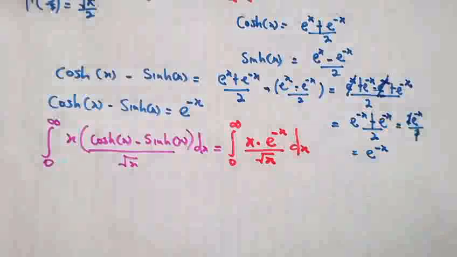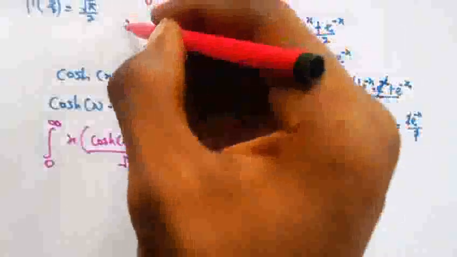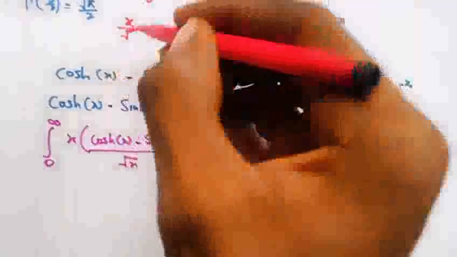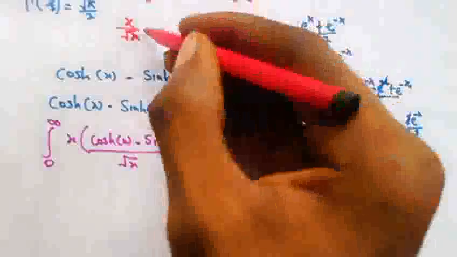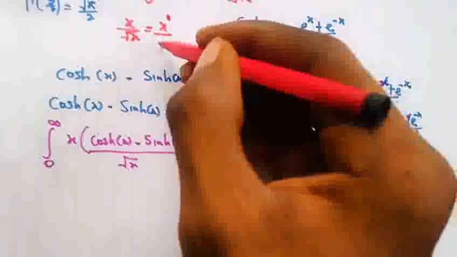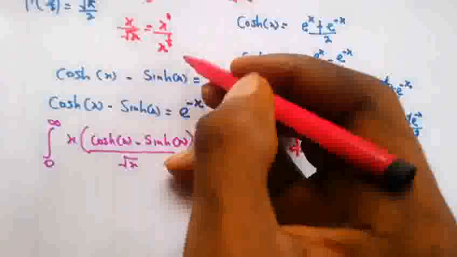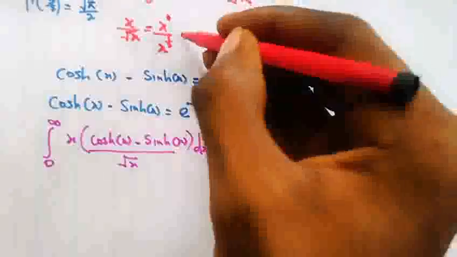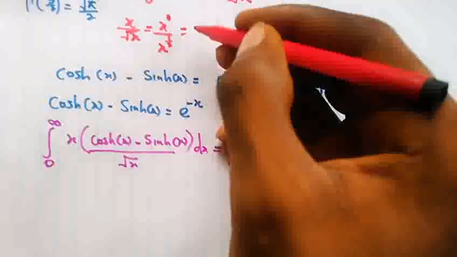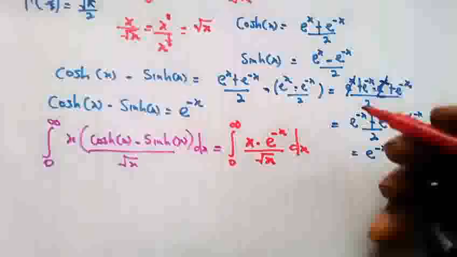Now we have x over square root of x here, which can be written as x over x raised to power 1 over 2, since square root of x means x raised to power 1 over 2. This simplifies to square root of x.